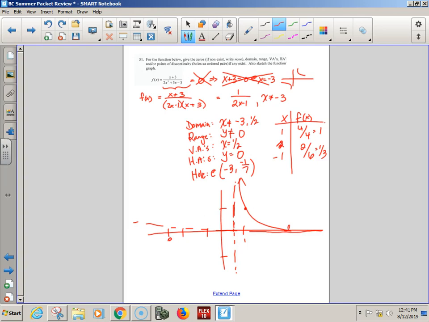Negative 1 is 2, negative 3. Oh, that's a negative. There we go. So negative 1/3 would be here-ish. Go to the hole. Swoop, there he is. Anyway, is that pretty close, David? Something like that.